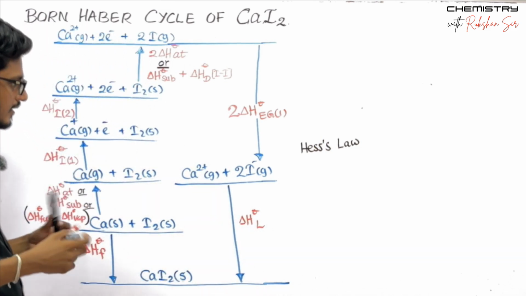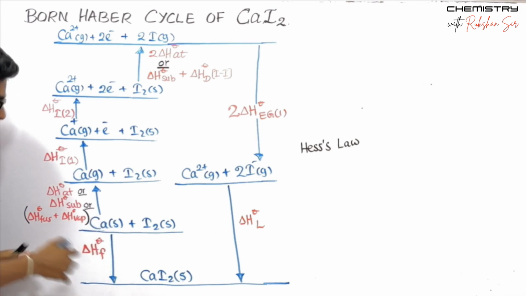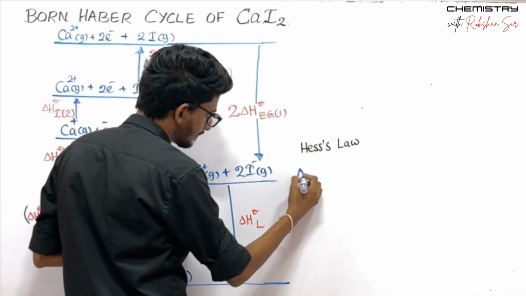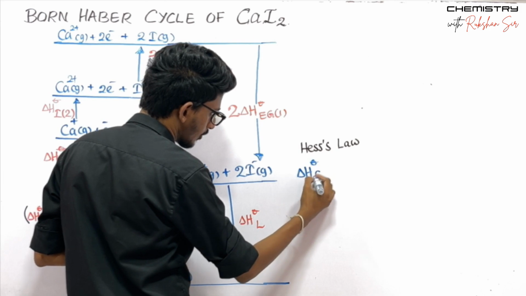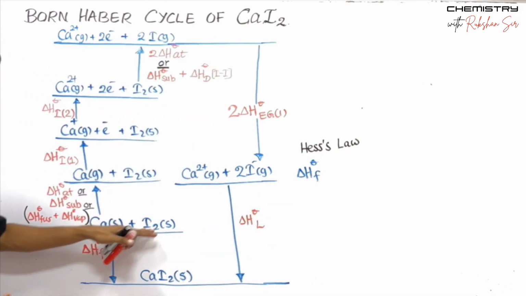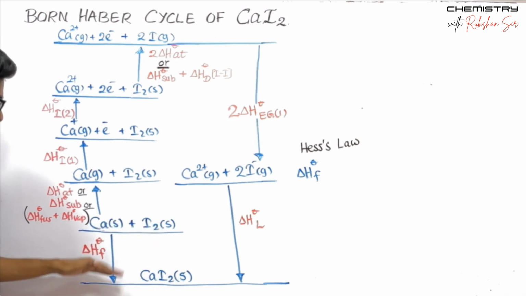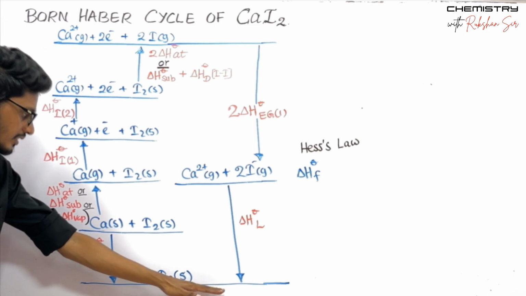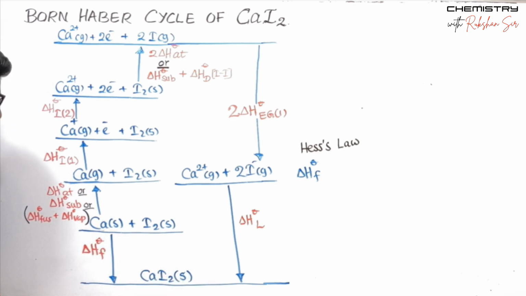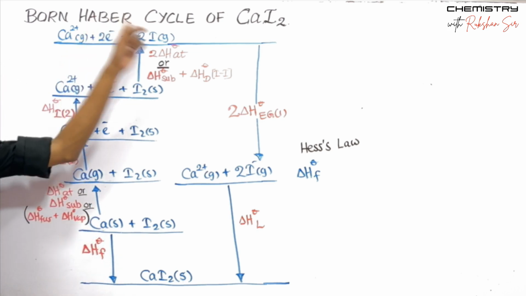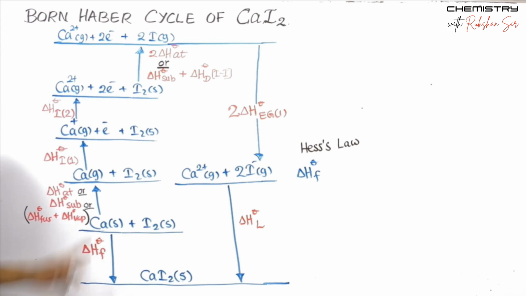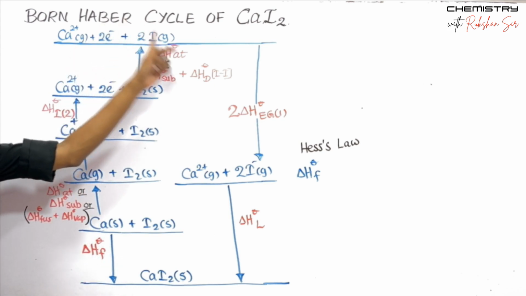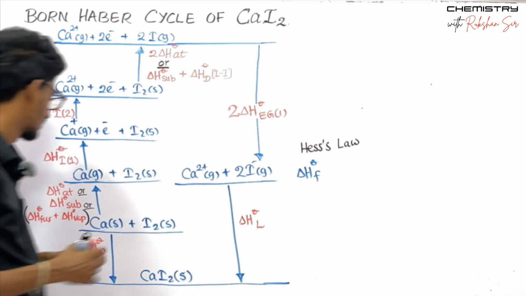This is the initial state, and everything starts from here, and this one is the final state. To go from initial to final, this is one route available, and this is the other route. So the enthalpy difference is equal to the summation of enthalpy values of the second route.